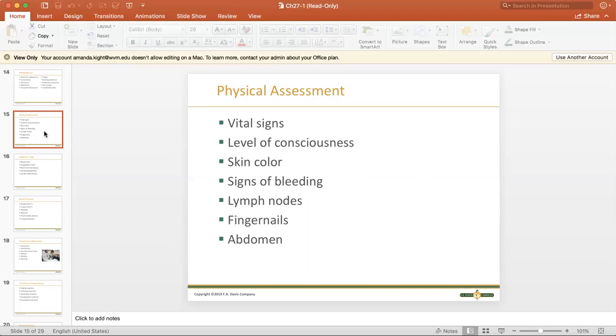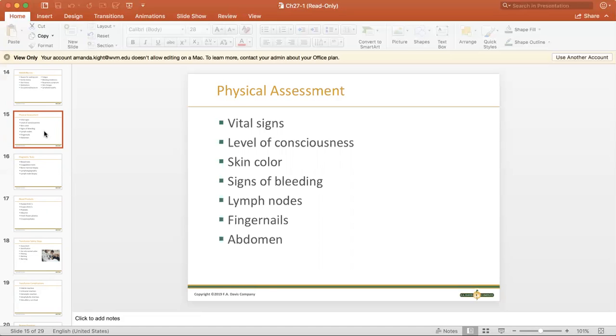Of course, vital signs, if they're low or high, having to do with blood volume, level of consciousness, if they're orthostatic, their skin color, if they're paler than their skin should be, or kind of a grayish color if they have dark skin naturally.